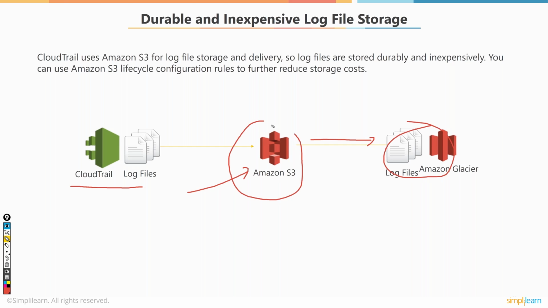By default, it only stores them on S3, and whatever you want to do afterwards is up to you. Maybe you want to delete those logs, maybe you want to copy them on-prem, or maybe you just don't care about them at all. Or you can copy them into Glacier and keep them for a long time as a backup of all the logs for a very, very cheap price.